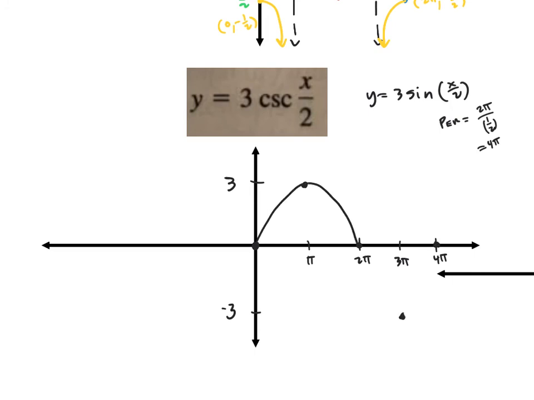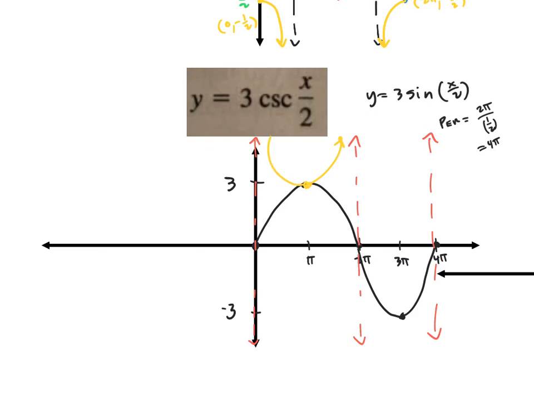Let's do our general sketch of sine. And now we go with cosecant. Okay, this is really nice. There's no shifts, nothing. So all we got to do then is find our asymptotes, which is wherever we would get a 0. And then we're connecting some points, my friends.